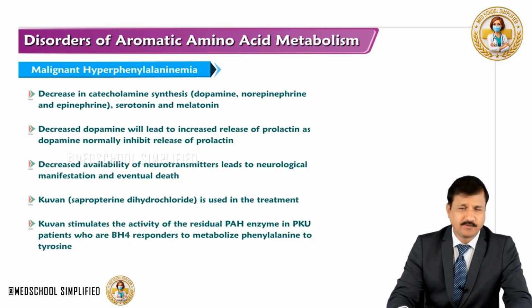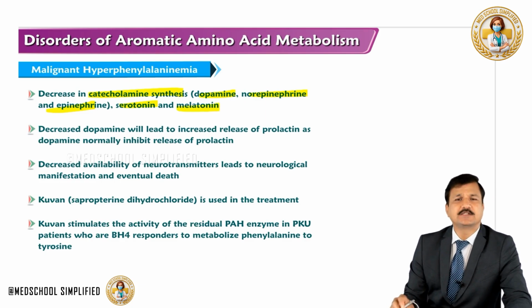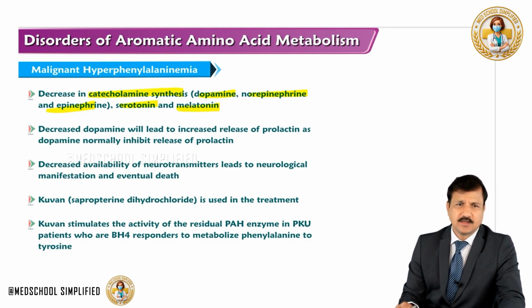So because of this, what will happen? Decrease in catecholamine synthesis, that is dopamine, norepinephrine, epinephrine, decrease in serotonin, melatonin, decrease in nitric oxide, all of them will lead to severe neurological manifestations.